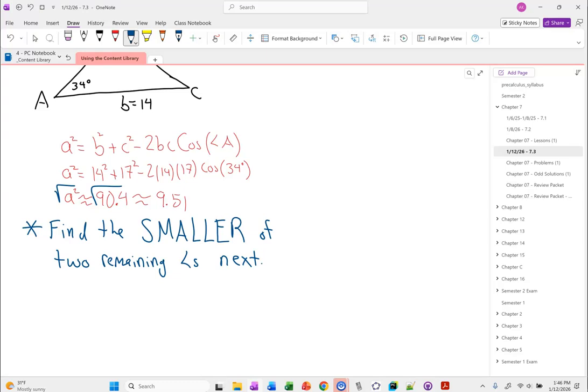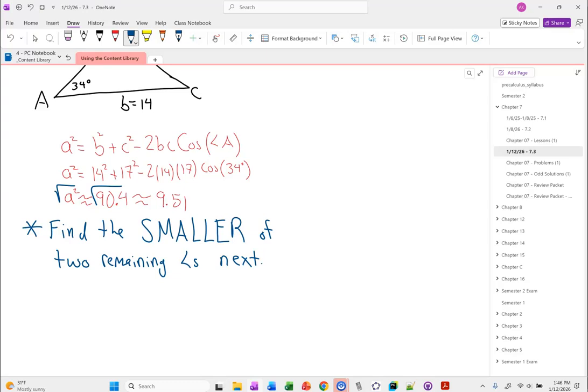We find the smaller of the two remaining angles next. We guarantee that the side angle situation we're running into will not result in an ambiguous case. Is everybody okay with that?